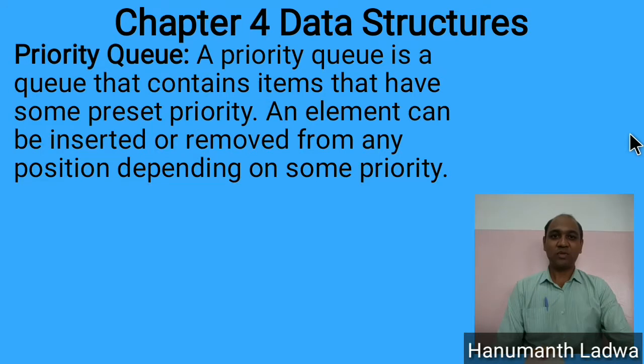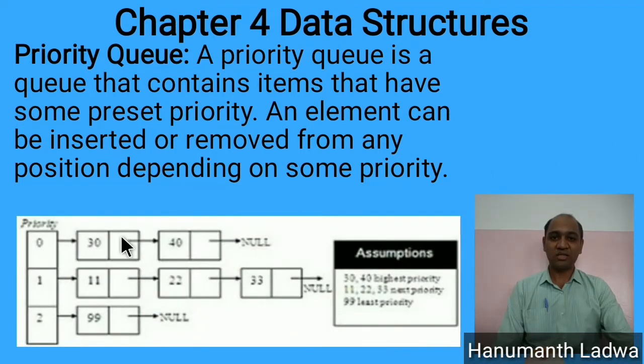Now we'll move on to the priority queue. Priority means preference. A priority queue is a queue that contains items that have some preset priority. An element can be inserted or removed from any position depending on its priority. Here in the diagram you can see we have priority 0, 1, 2.